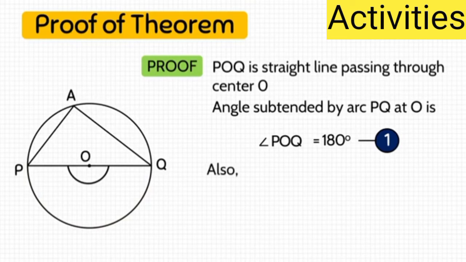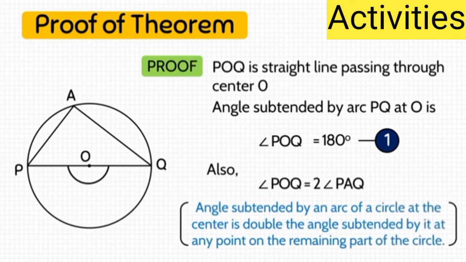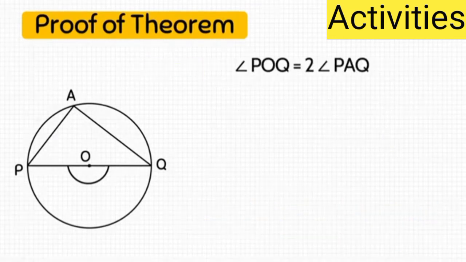Also, angle POQ is twice of angle PAQ, because of the theorem: the angle subtended by an arc of the circle at the center is double the angle subtended by it at any point on the remaining part of the circle.